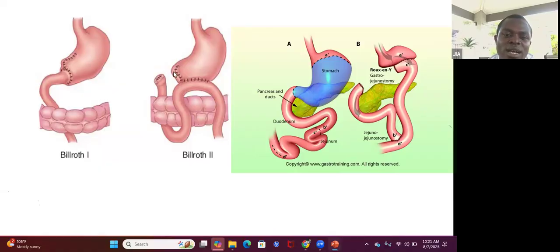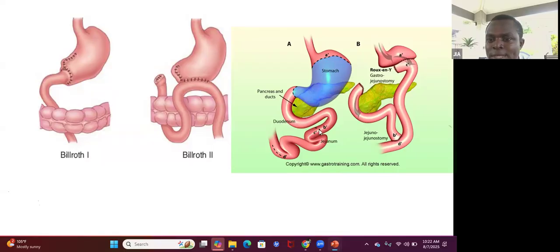They cut off the intestine from here, so this part of the small intestine will not be working. They've joined it with a distal part, so that any content that drops here will not go through all these barriers, but rather enter here, then carry on. So this is Billroth two.